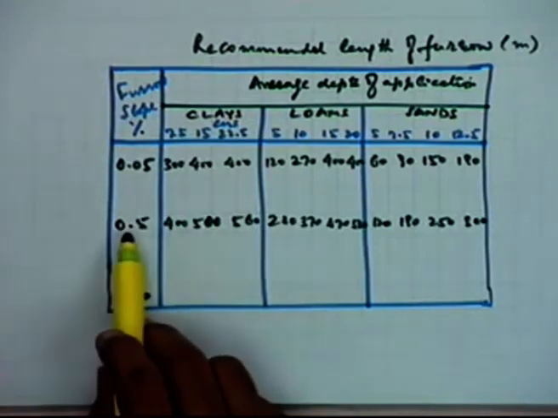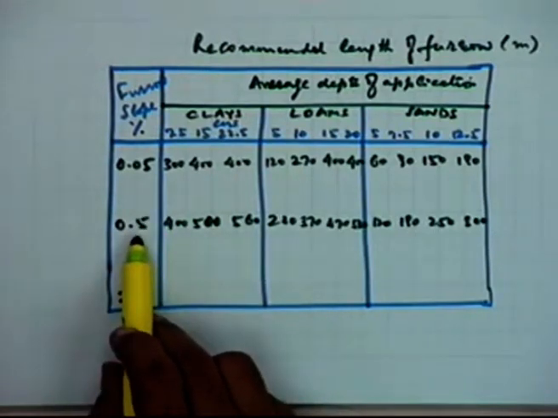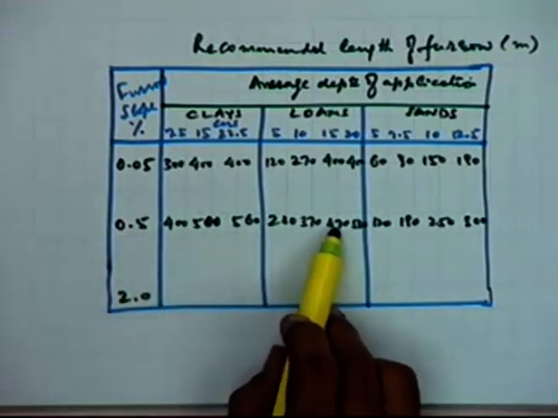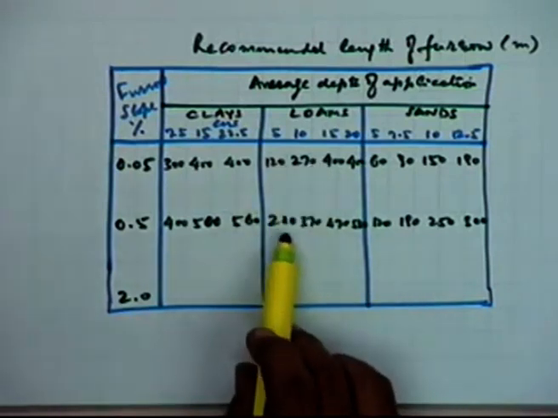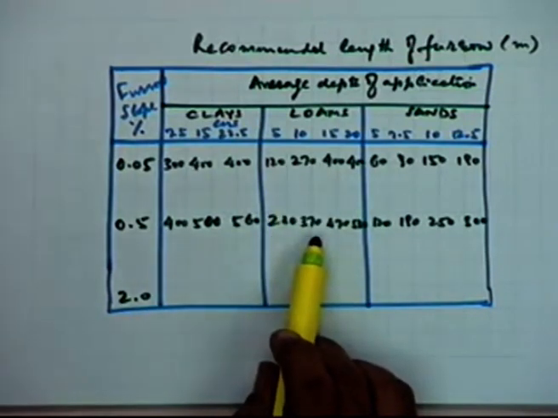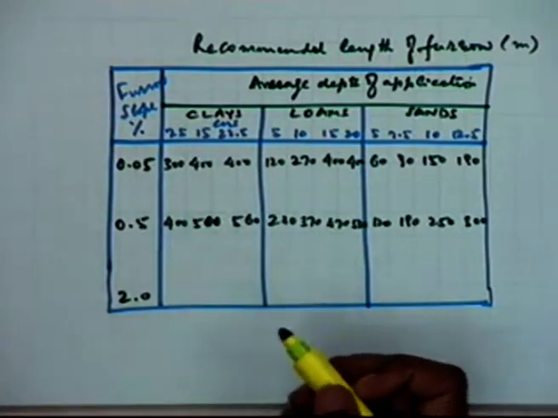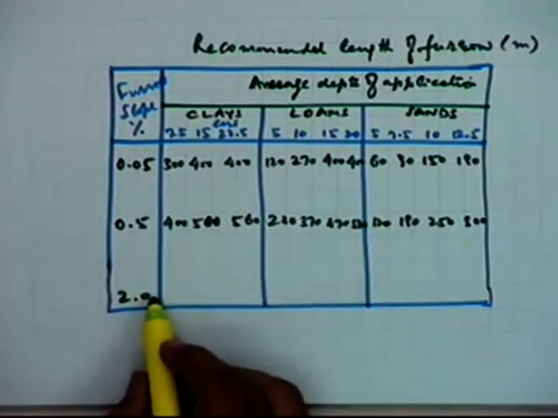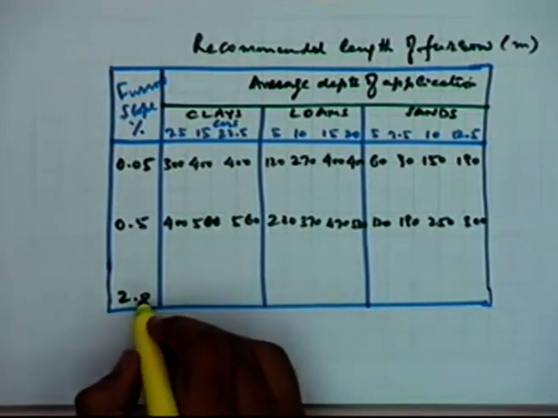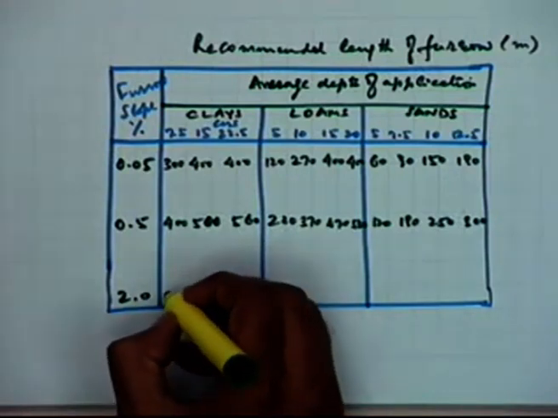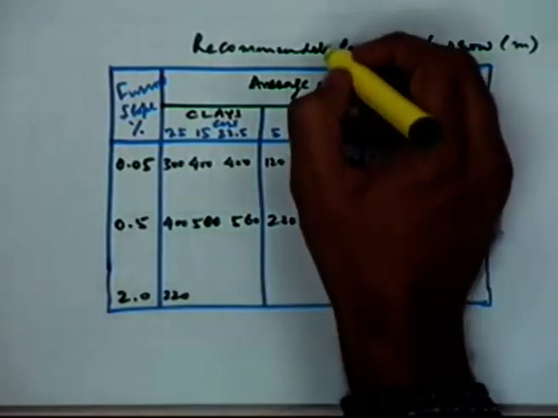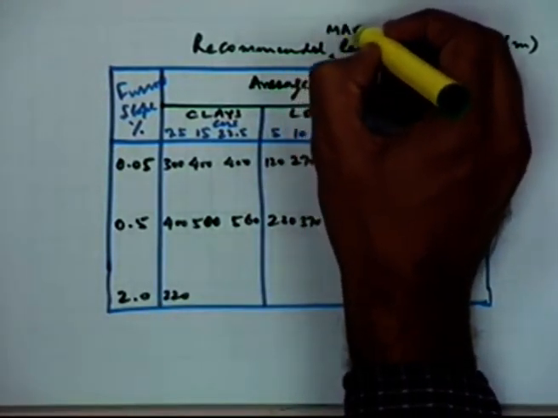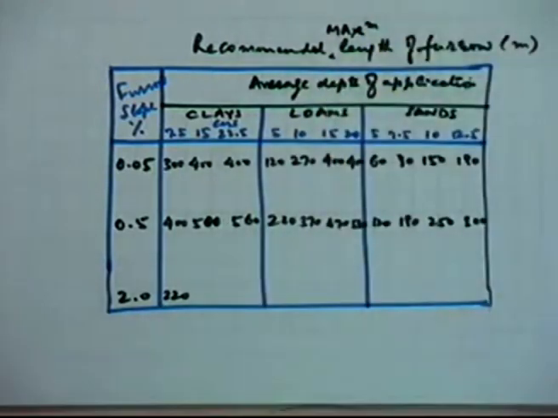When you have an increased slope, for the same type of soil and for similar depths, you could use longer lengths of the furrows. But when it becomes more steep, for example for a 2% slope, these are the recommended maximum lengths.